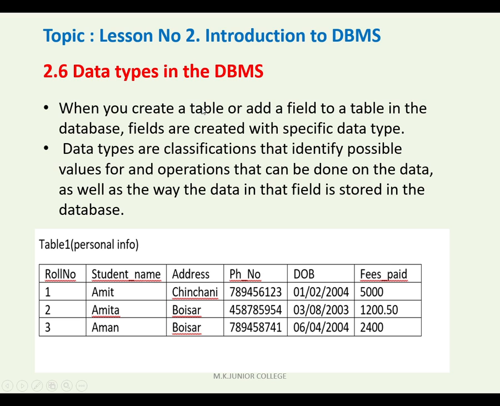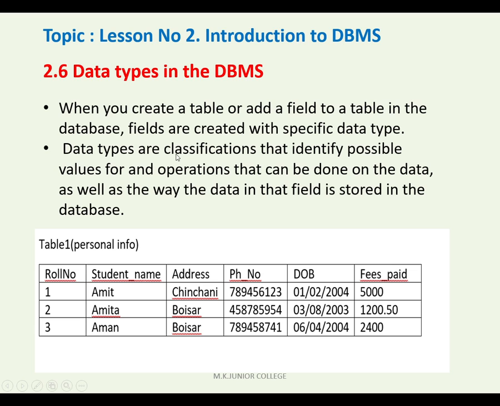And when we start to create a table, first of all, we have to consider some fields. Through those fields, we are going to add records in our database. So while creating fields, we have to consider some data types. That means what type of information we are going to add in our fields. So here we have to consider some data types available in DBMS.